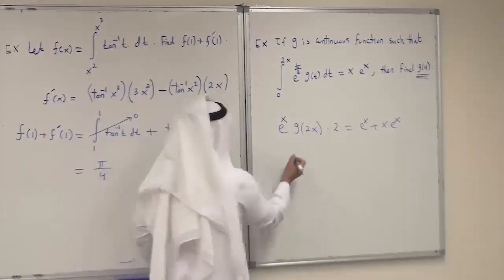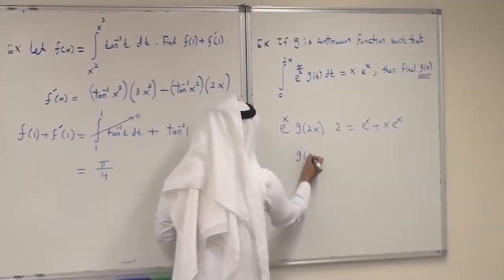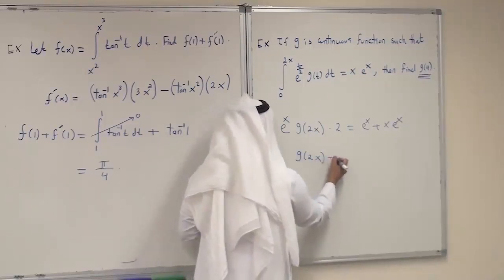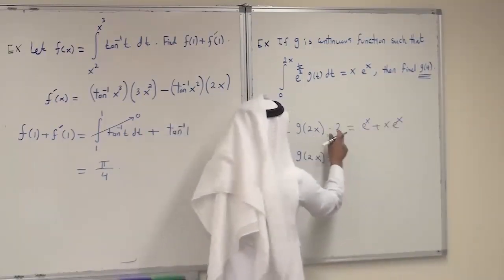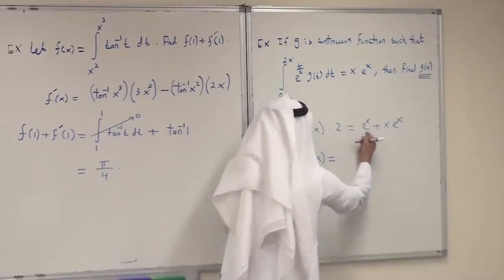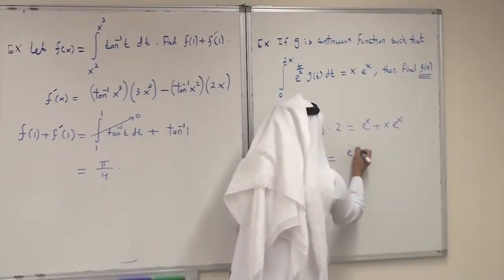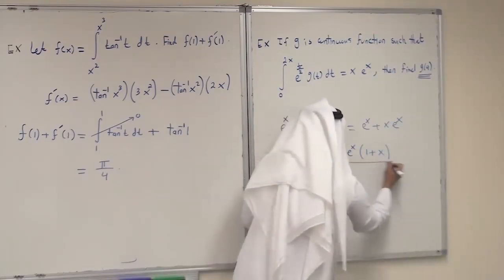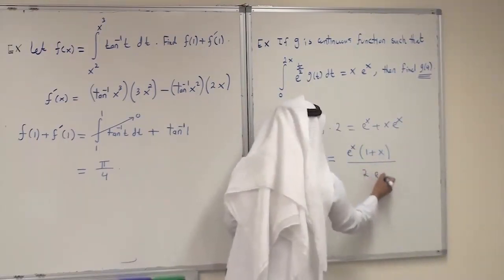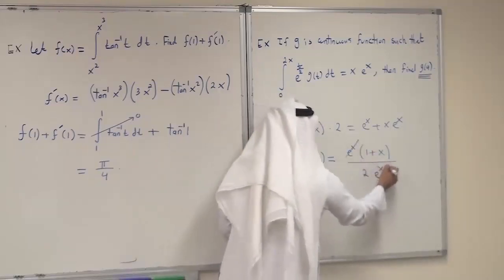Now I need g of 2x equal to what? I need to solve for this. I need to divide by e to the x and divide by 2. So if you write the right-hand side as e to the x times 1 plus x, and then divide by 2e to the x, the e to the x will be cancelled out.